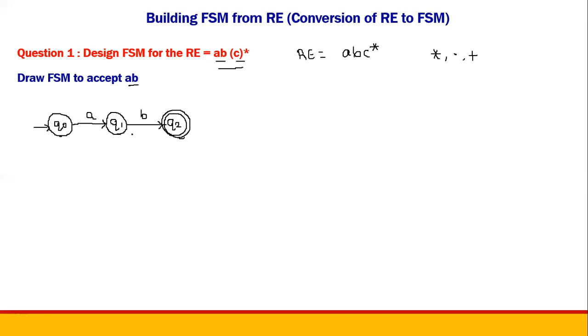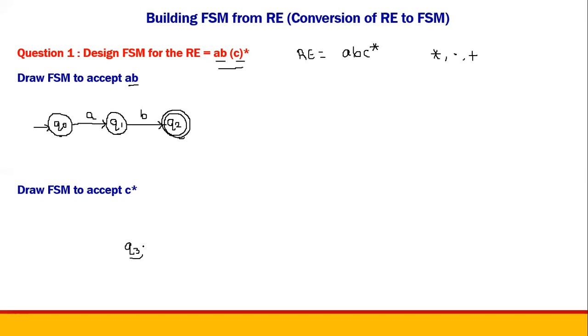Very simple one. Now let us move on to drawing the FSM for accepting C star. The regular expression is C star, and I have one symbol C here. Let us say I am at Q2 now and I should be combining it, so I will start with the next state Q3.